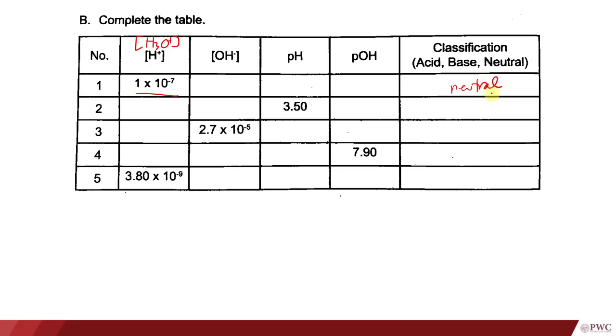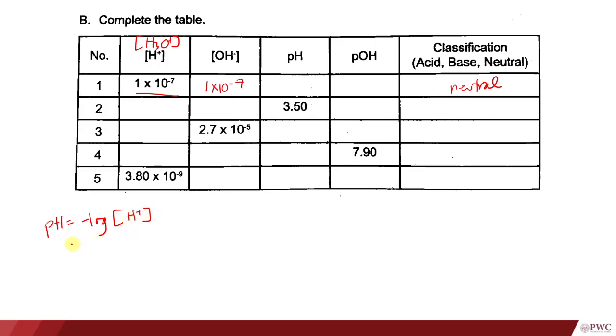And of course, in a neutral substance, the concentration of H plus is equal to the concentration of OH minus. So we also have 1 times 10 to the power of negative 7. Let's determine the pH of this one. The pH is equal to the negative log of the concentration of H plus.